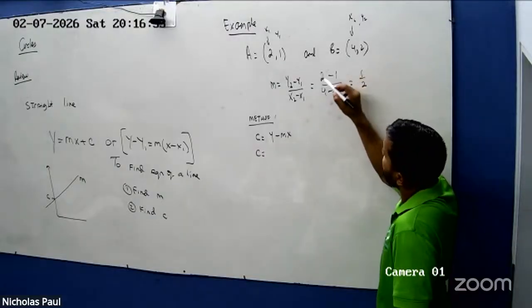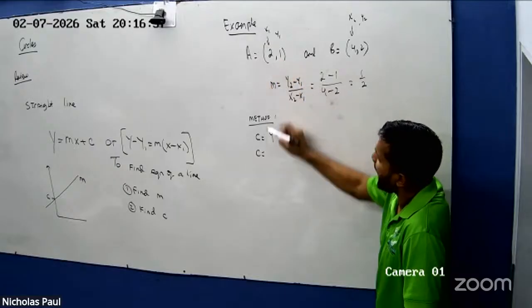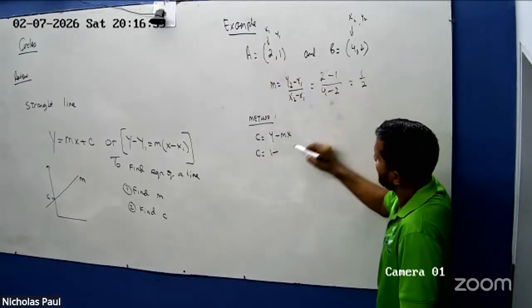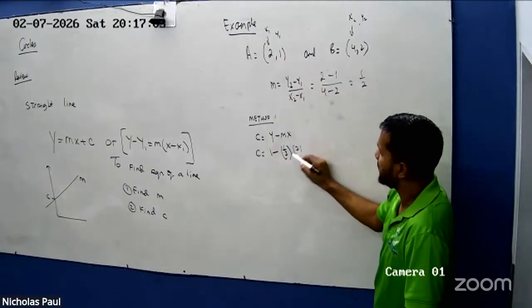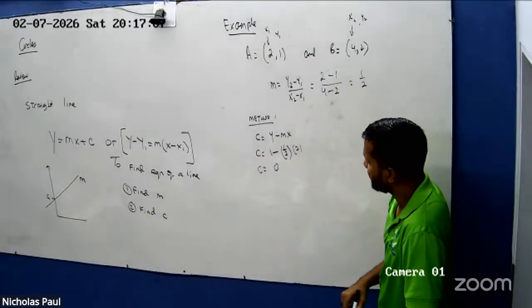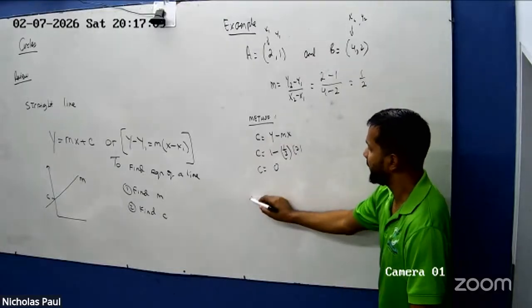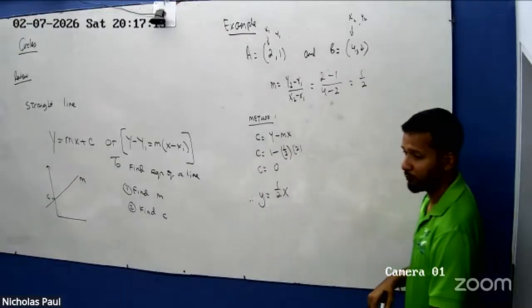I'll use this one here. y is 1, gradient is a half, and x is 2. They cancel, so you're getting c to be 0. So your answer is y = half x plus 0.